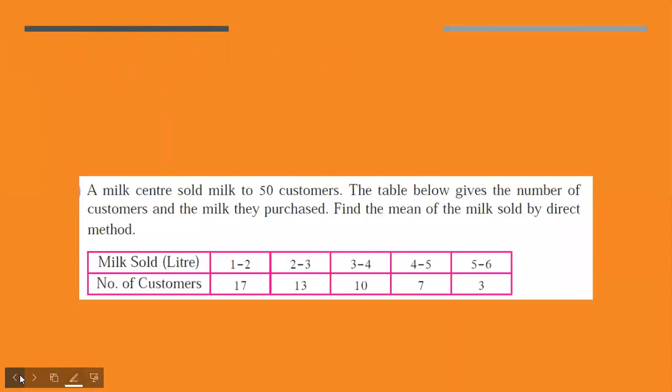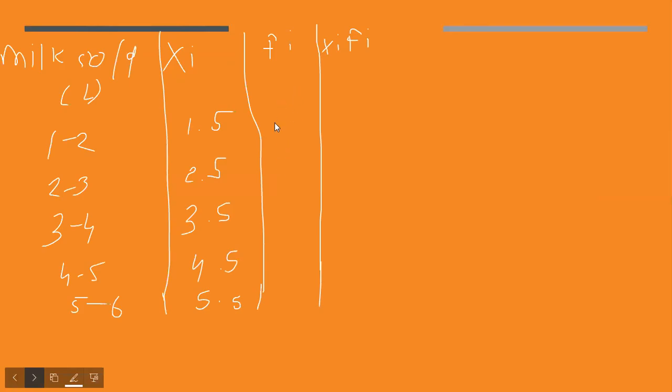So the class mark for this is the middle in between these. This is 1.5, this is 2.5, here it is 3.5, here it will be 4.5, and here 5.5. And we are also given the frequency 17, 13, 10, 7 and 3. So we will first multiply these two, which is 17 into 1.5.